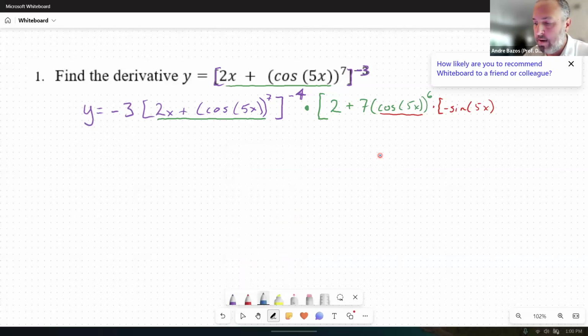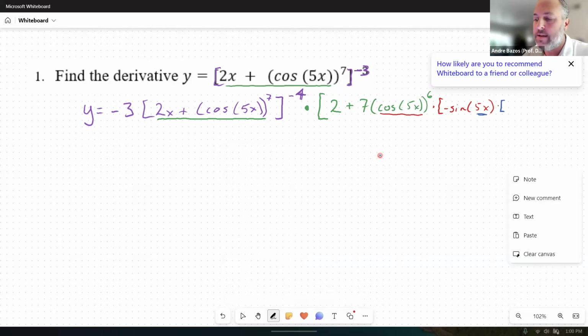Let's use blue for this 5x. What is the derivative of 5x? Taking the derivative of 5x, well, that is just 5. I have finished that thing's derivative. There's no other inside function of this thing. That is it. I am done with that piece's derivative.